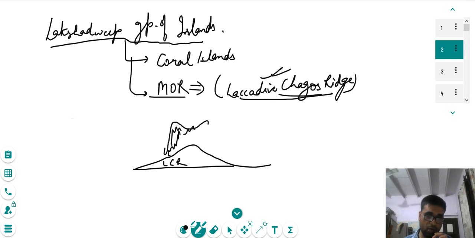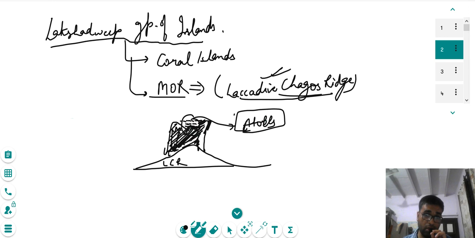This coral accumulation has taken this shape, something of this kind. On the eastern side the edges are steep as compared to the western side, and there is the formation of atolls, and this atoll is the main tourist attraction of the Lakshadweep Islands, right?